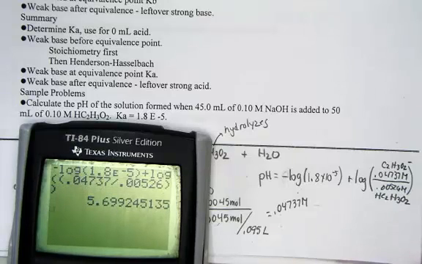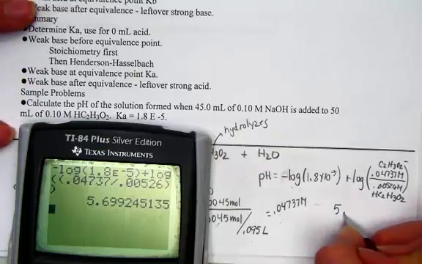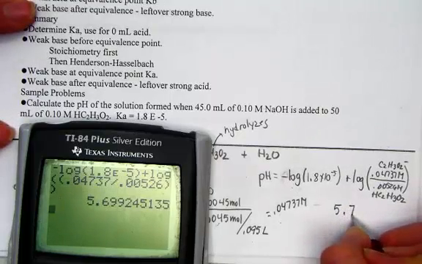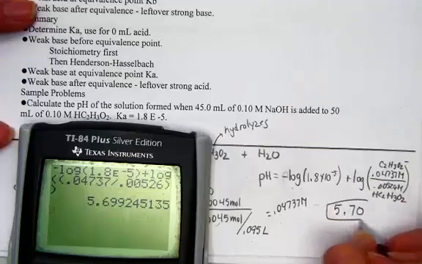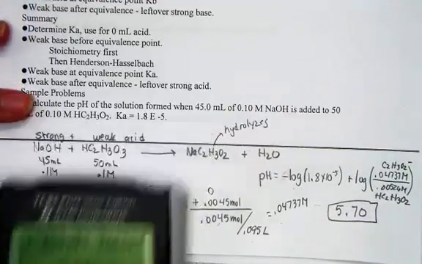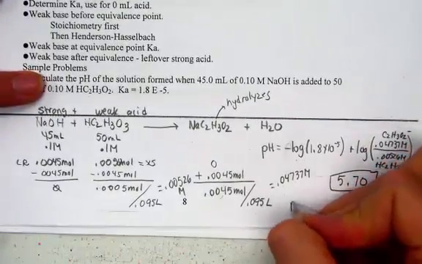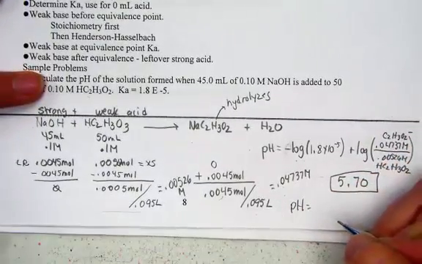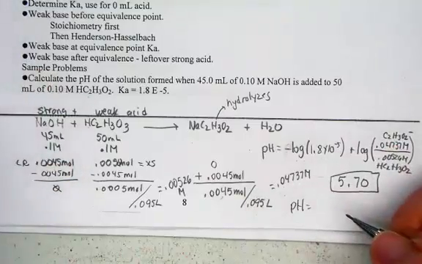And our pH is giving us, for 2 pH units, 5.699. I'll say 5.70 pH units.